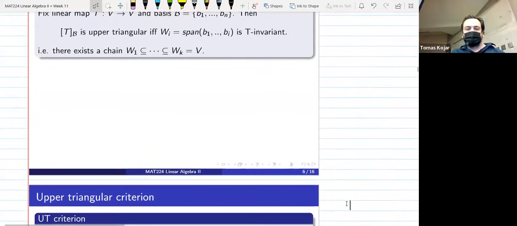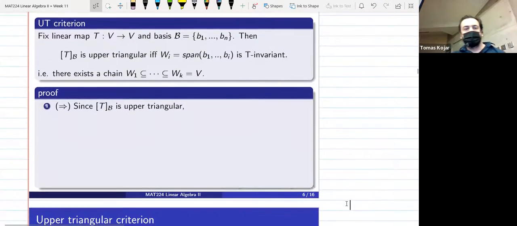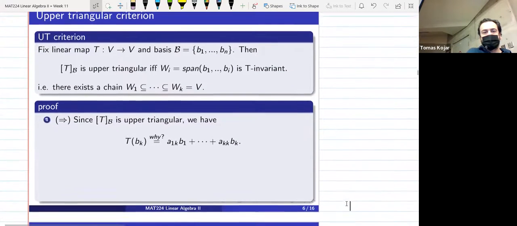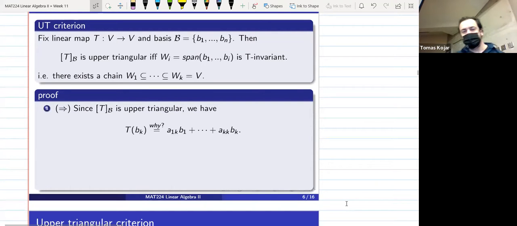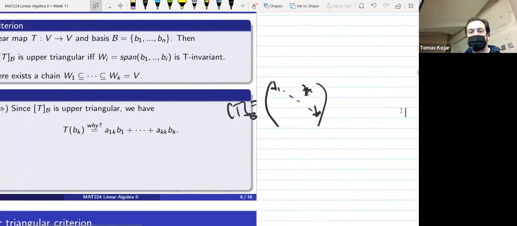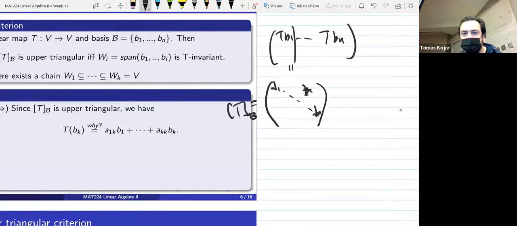All right, so let's prove this. I think this is the easier one. So assume upper triangular. Then we have this. Let me explain. So you have lambda 1, lambda n and stuff, and this is the matrix of T. So it's upper triangular. But then what are the columns? The columns are TB1, TBM, right?